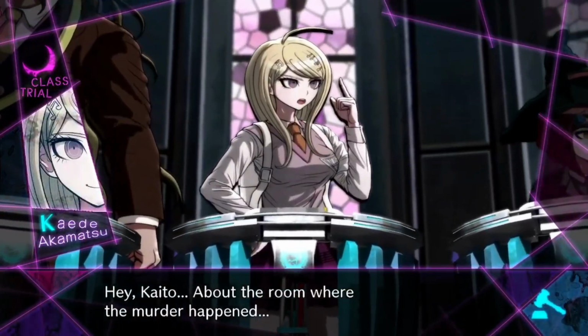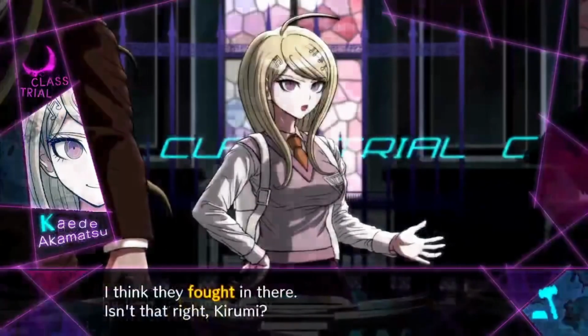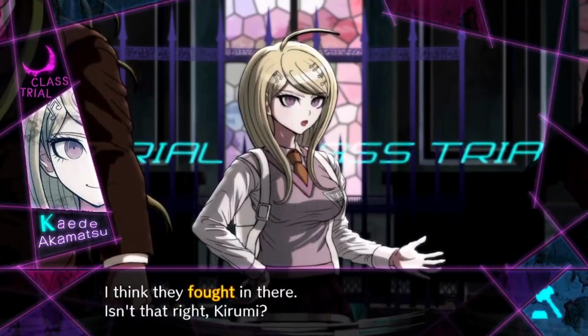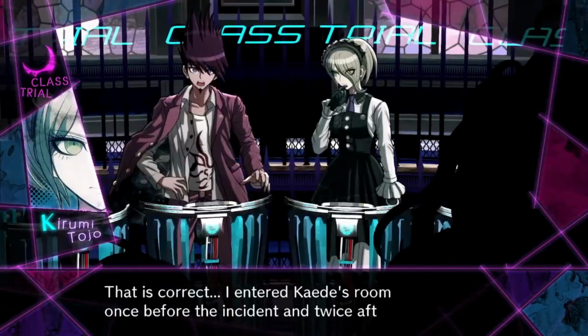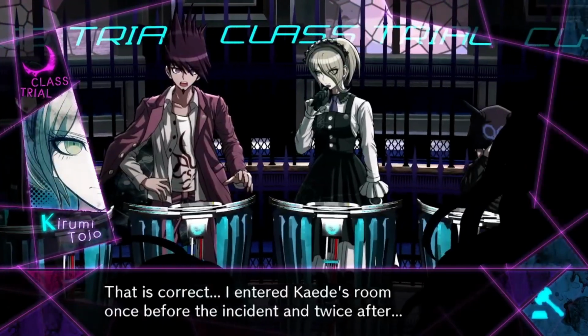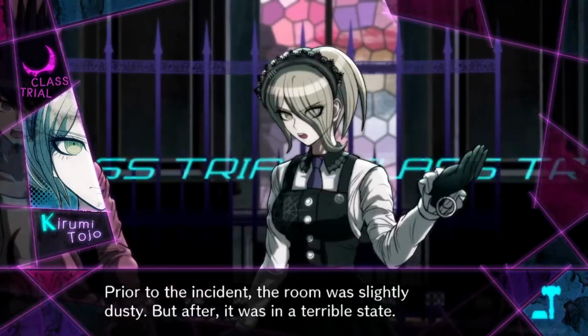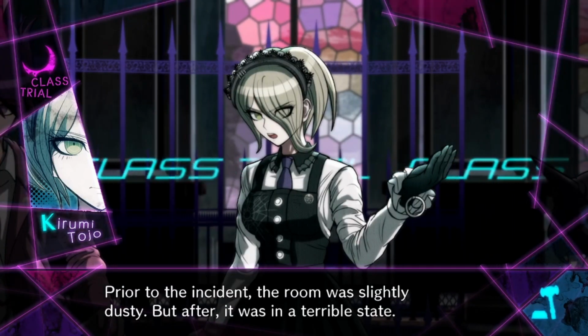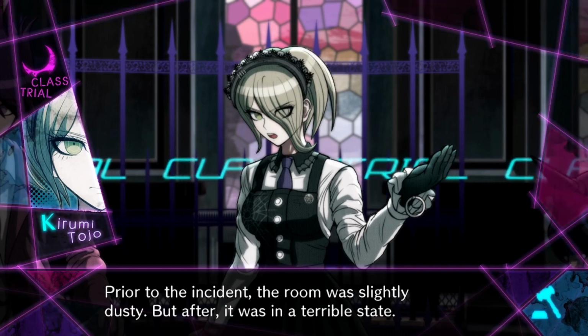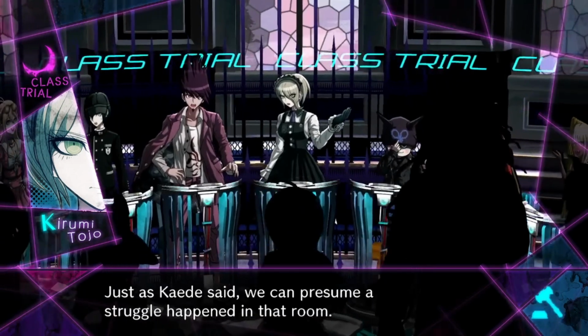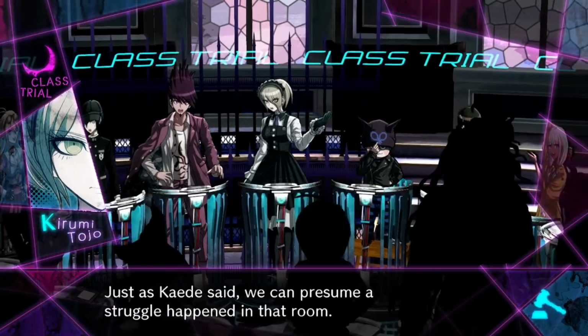Hey, Kaito. About the room where the murder happened. I think they fought in there. Isn't that right, Kirumi? That is correct. I entered Kaede's room once before the incident and twice after. Prior to the incident, the room was slightly dusty. But after, it was in a terrible state. Just as Kaede said, we can presume a struggle happened in that room.